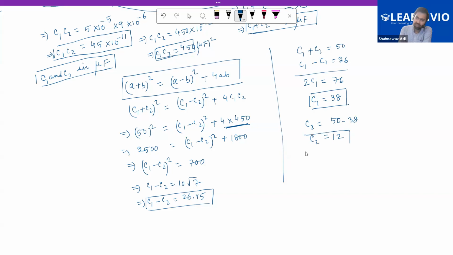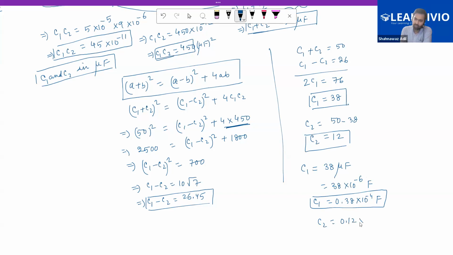So now our answer is correct. So C1 is 38 microfarad that we have taken, so 38 into 10 to the power minus 6 farad, which means 0.38 into 10 to the power minus 4 farad. So this is C1, and C2 is similarly 0.12 into 10 to the power minus 4.